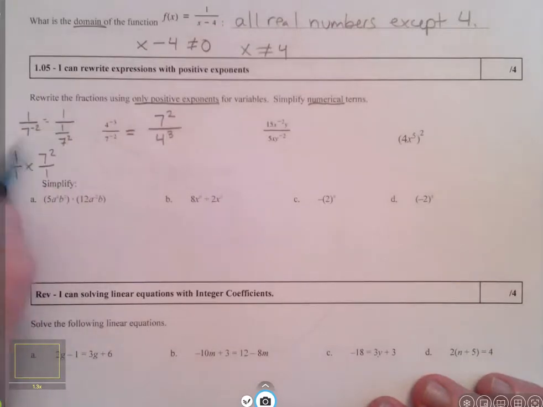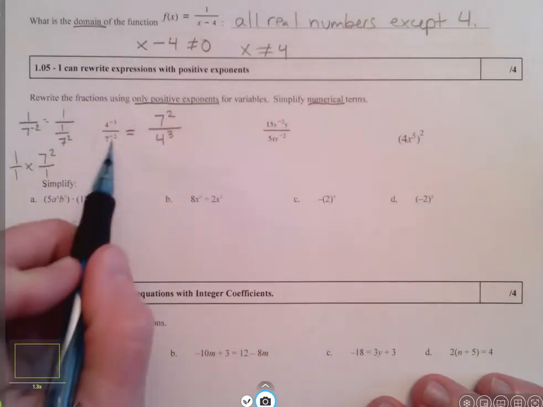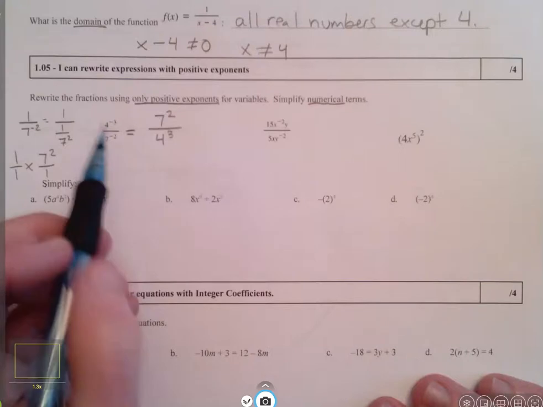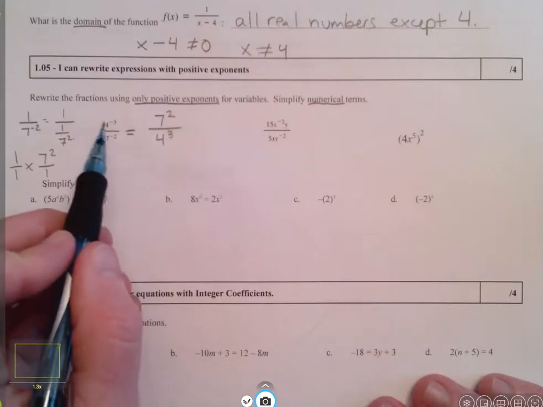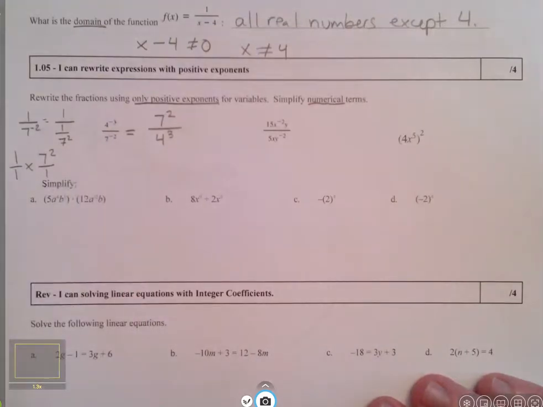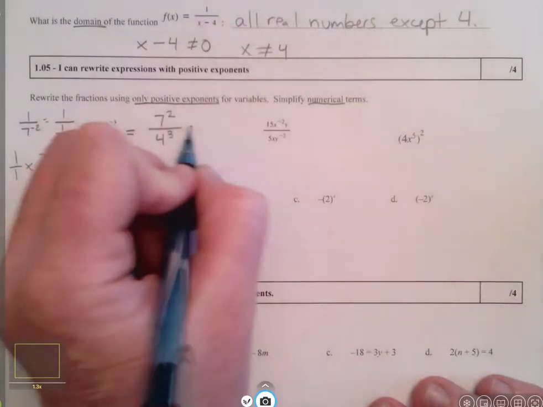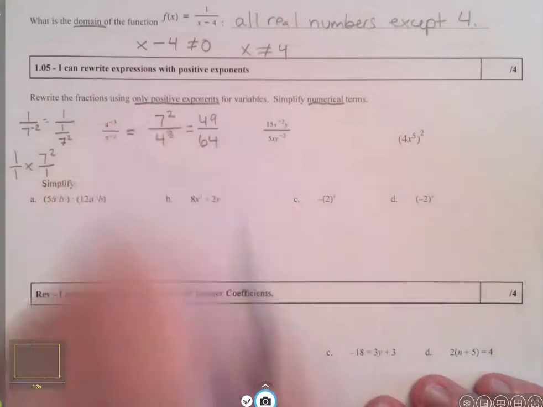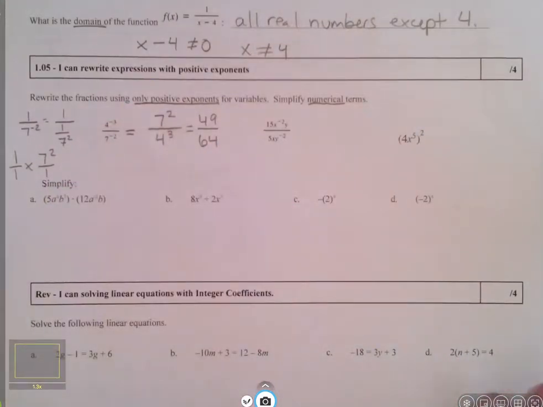So instead of doing all of this, basically if you have a negative exponent in the denominator of a fraction, you could make it a positive exponent by bringing it up. You have a negative exponent in the top, you bring it down to make the negative exponent positive. So here I can just simplify. This is 49. And this is 64. And we leave it. Okay?